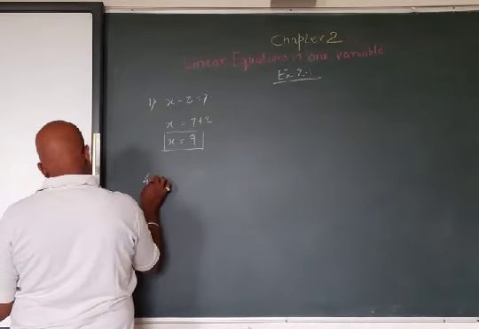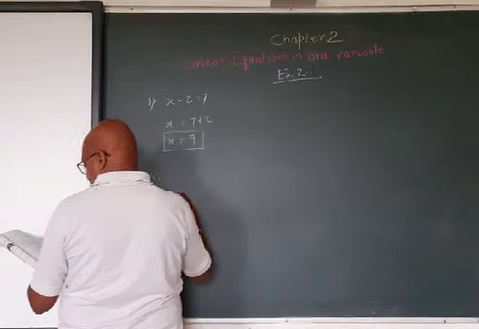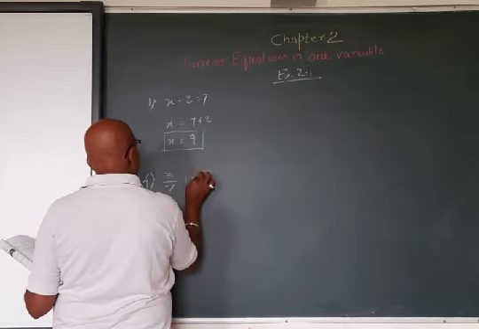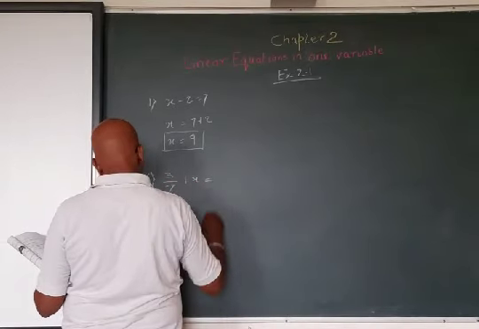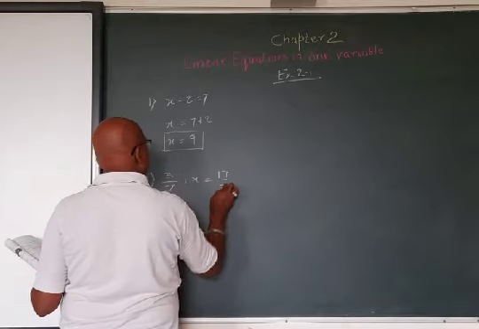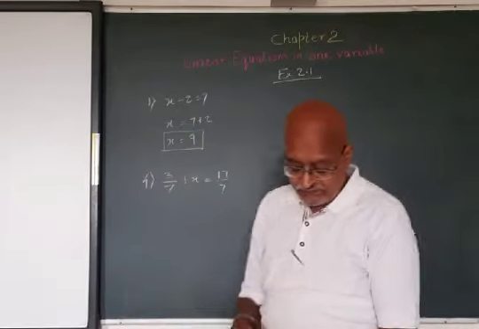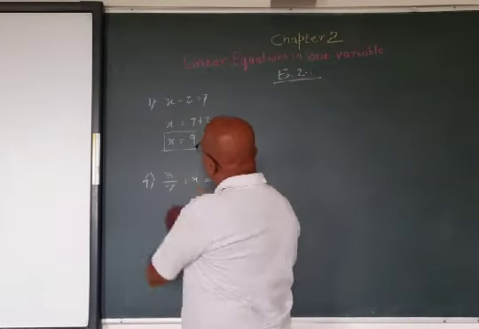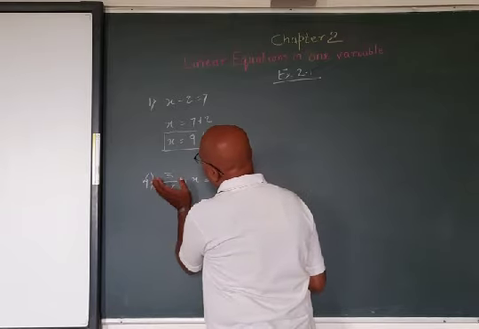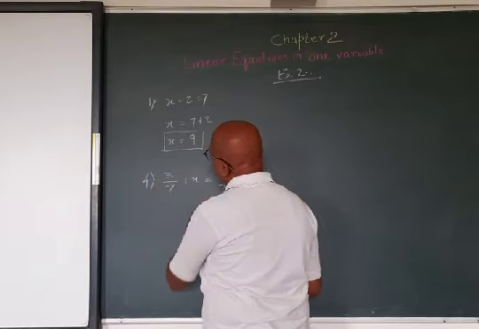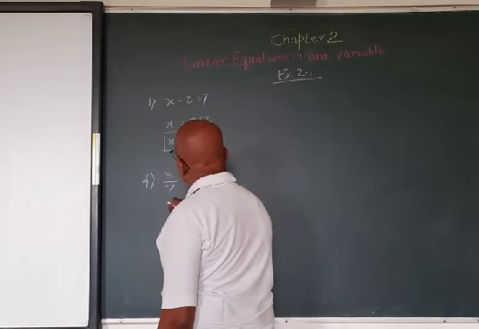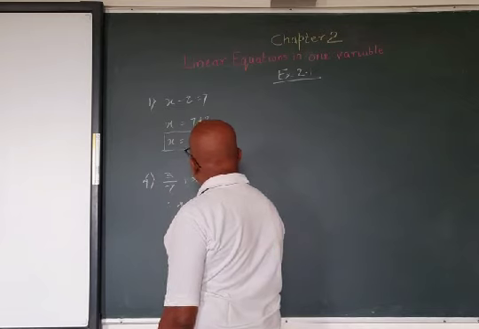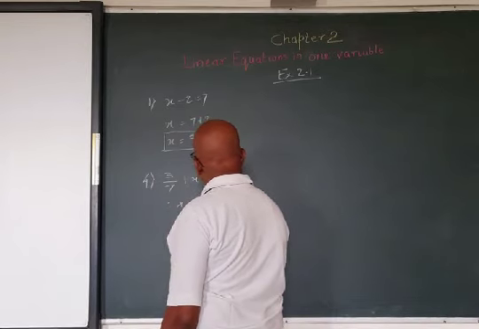The fourth one is 3 upon 7 plus x equal to 17 upon 7. Again, this is the given equation. What you have to do? We have to find x. Whatever quantity is added will go in subtraction. Therefore we get x equal to 17 upon 7 minus 3 upon 7.